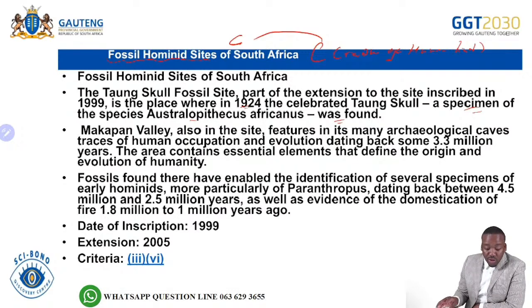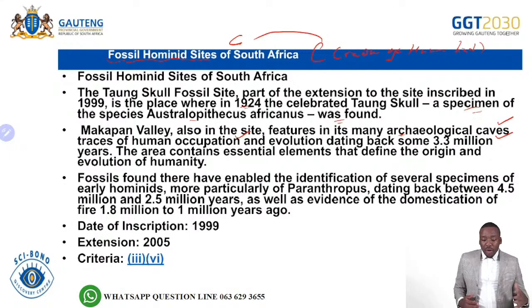Makapan Valley, which is also in the site, also features its main ecological caves. So there's so much that you can discover here. The traces of human occupation and also evolution dating back to 3.3 million years ago.